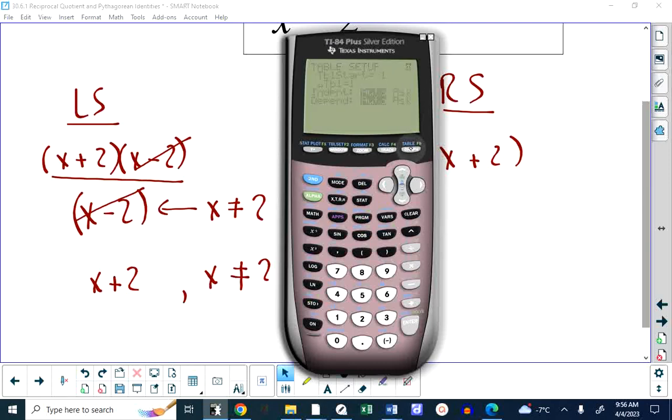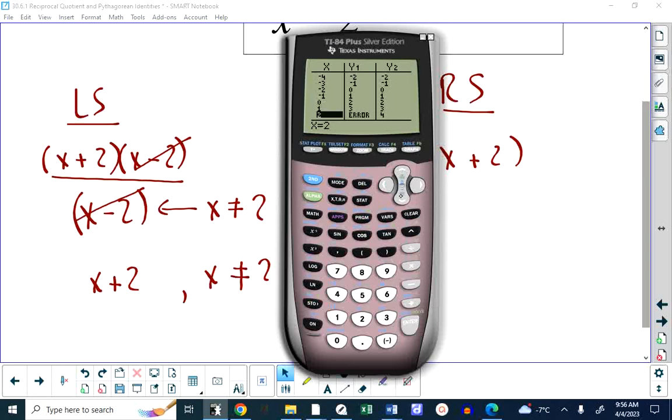If I take a look at the values of the left and the right side in the table, at negative 10 they're equal. When I use x equals negative 9, they're equal. Do you see I'm looking at the other two columns? They're always equal. Wait a minute.